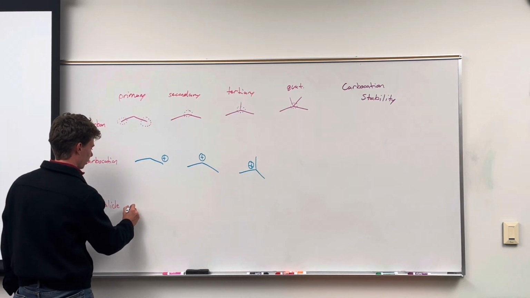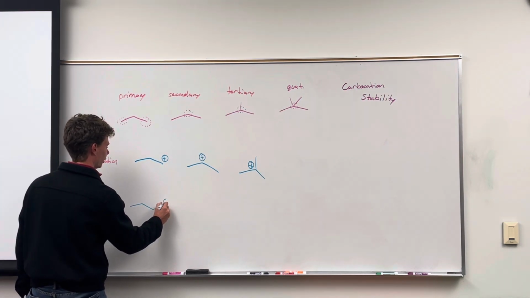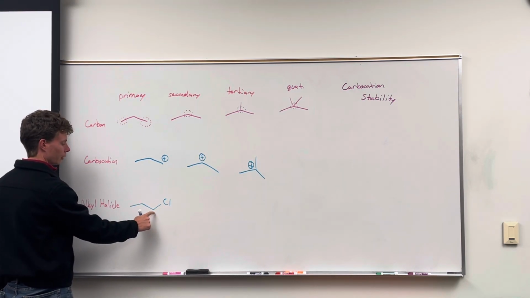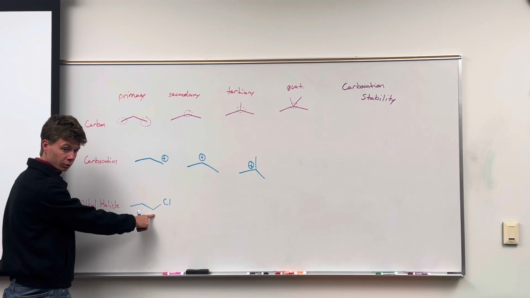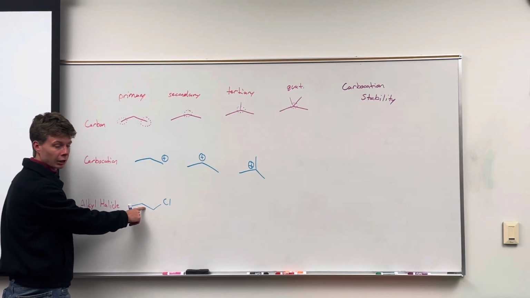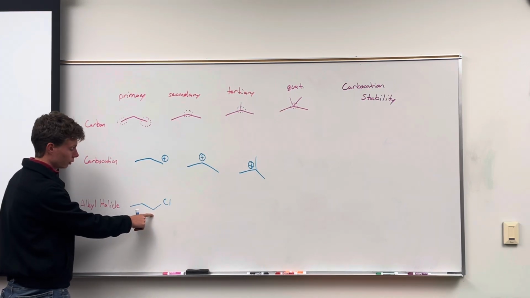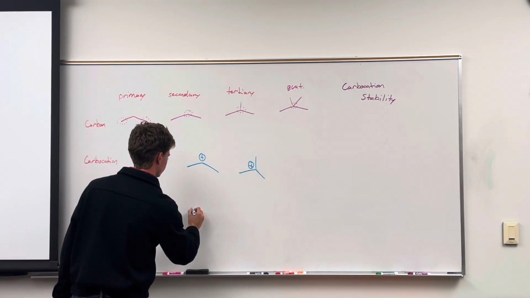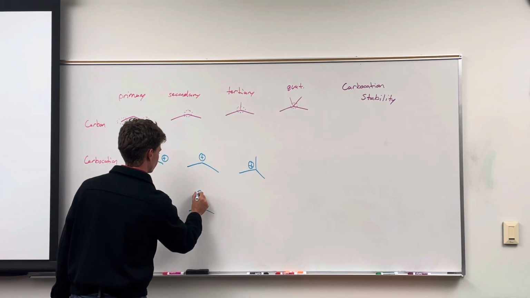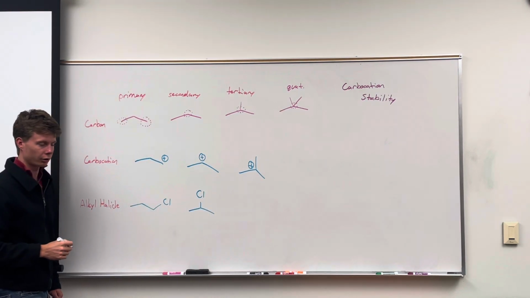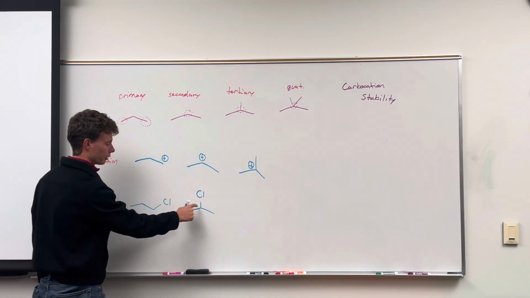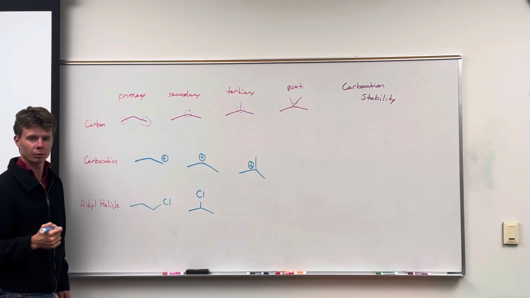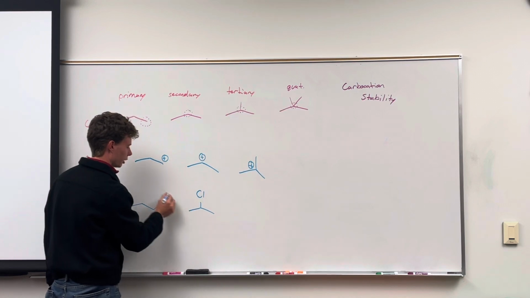Okay, and we'll move on down to alkyl halides. Alkyl halides could look something like this, where the chlorine is bonded to a carbon that is bonded to one carbon. So the carbon the chlorine is bonded to has one carbon: primary. Secondary alkyl halide: the carbon the chlorine is bonded to has two carbon groups coming off of it. They could be however long.